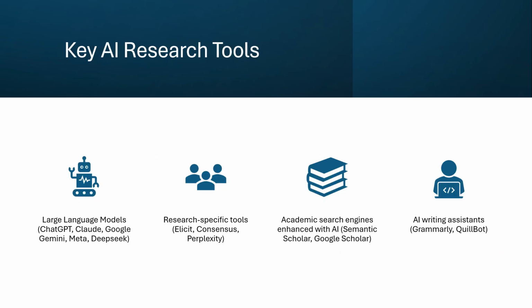So here are some key AI research tools that already exist, and by the time I post this PowerPoint, it will be out of date. First of all, we've got our large language models. These are things like ChatGPT, Claude, Google Gemini, Meta, and now DeepSeek, right? Then we have research-specific tools such as Elicit, which was an early tool that predated ChatGPT, Consensus, and Perplexity.ai.